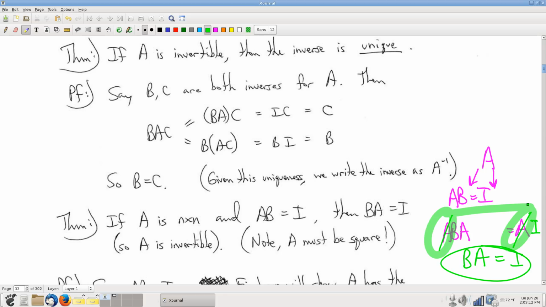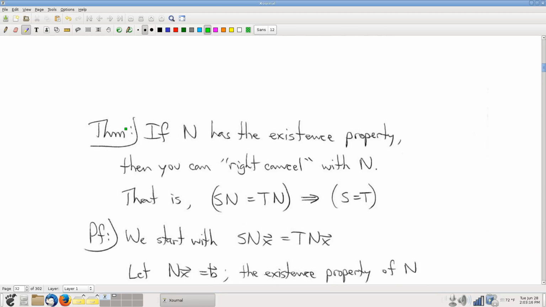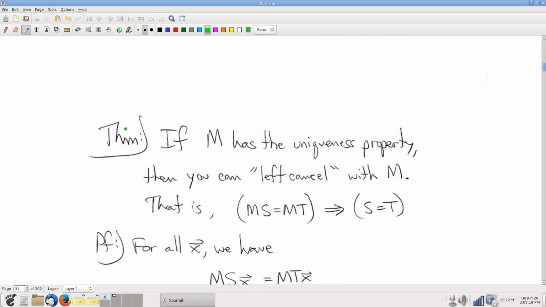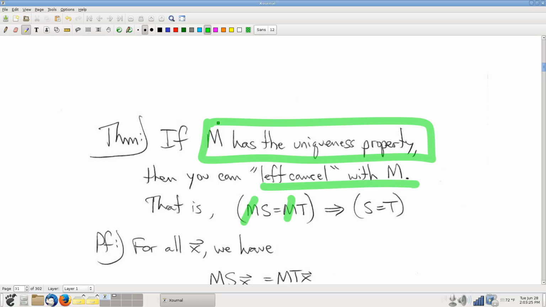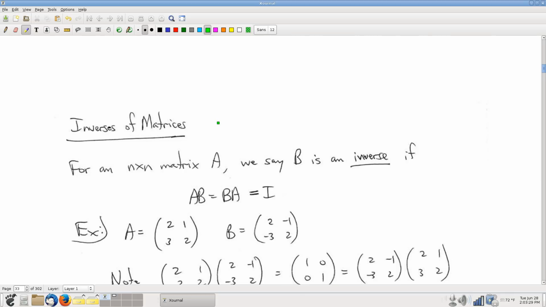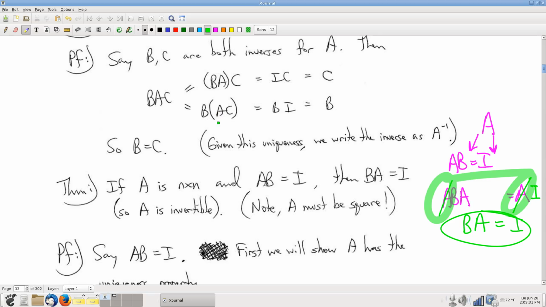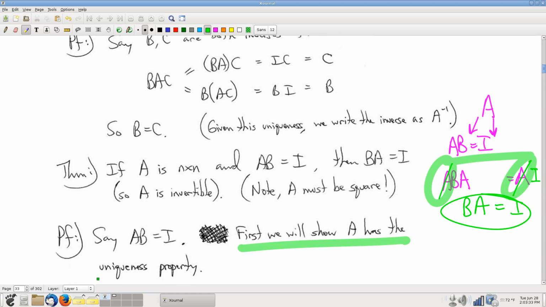In order to do a cancellation on the left, go back a couple of pages in the notes. In order to do a left cancel, like so, the matrix has to have the uniqueness property. All right, so before we can do anything like this, we have to first show that A has the uniqueness property.